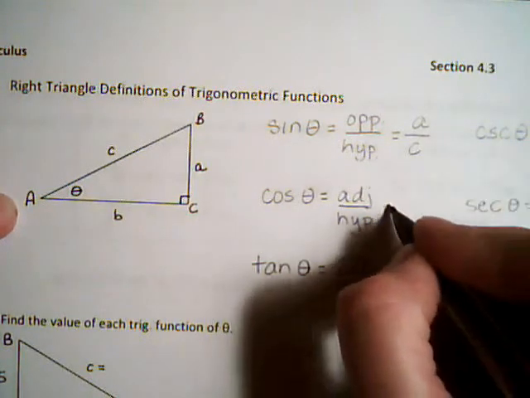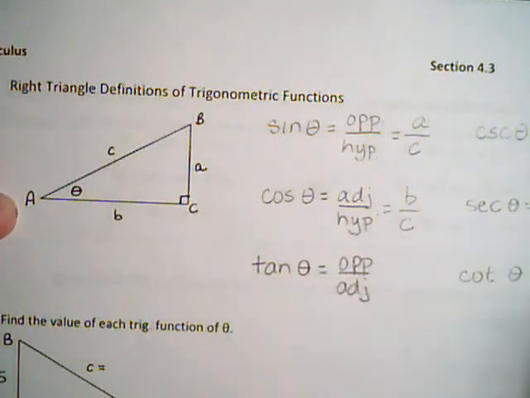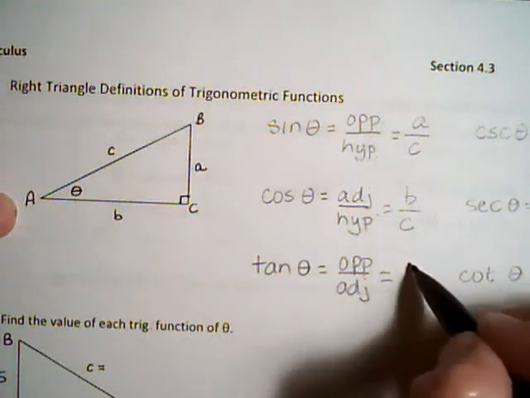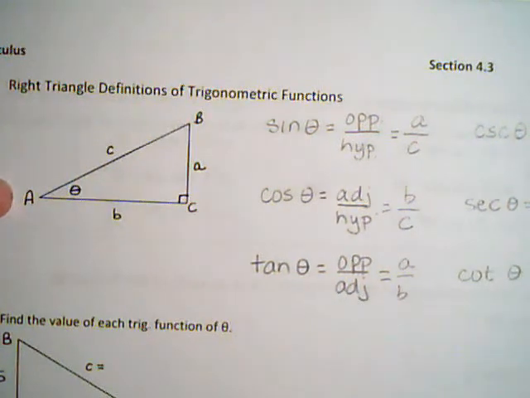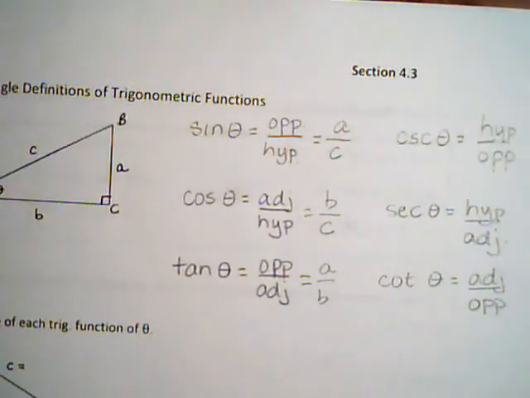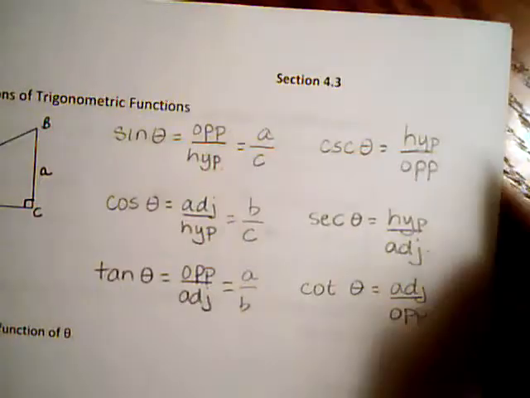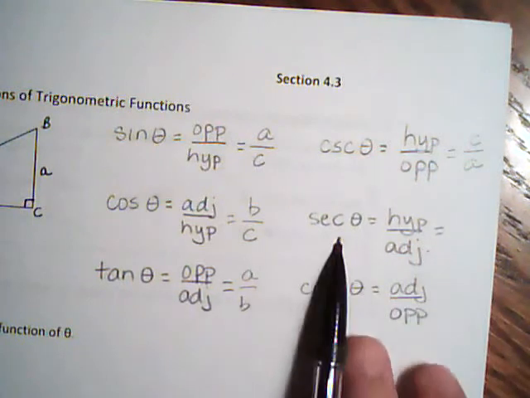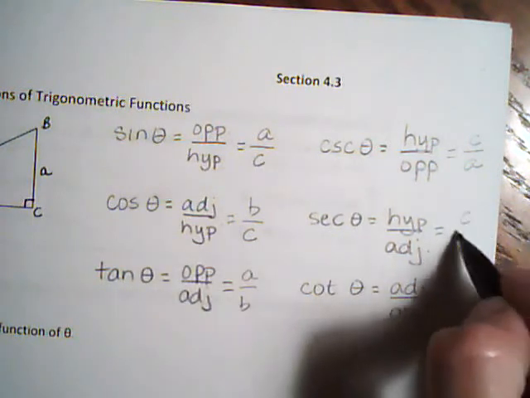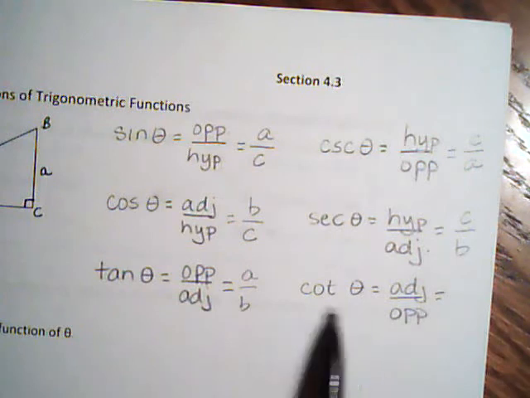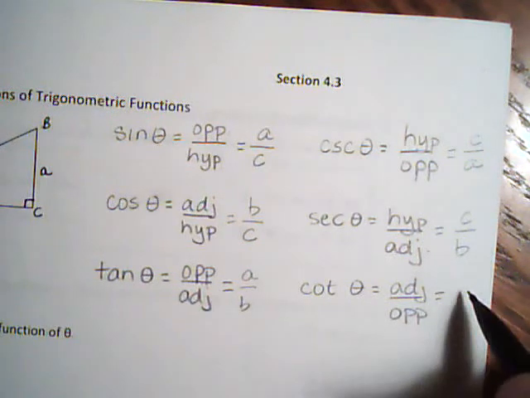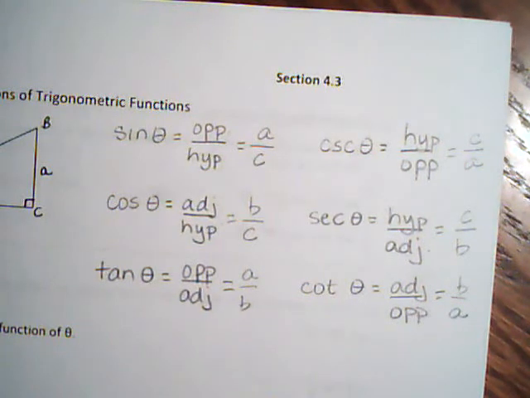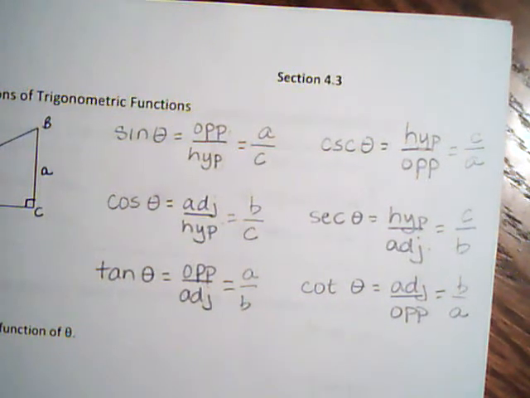The cosine would be B over C, and then the tangent would be opposite over adjacent, so A over B. Then cosecant would be the reciprocal, so C over A. Secant would be the reciprocal of cosine, so C over B. And cotangent would be the reciprocal of tangent, so B over A. Of course, we're going to have numbers representing the sides of the triangle.